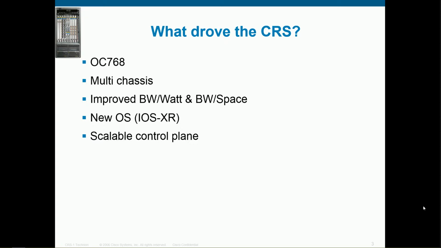So what drove Cisco to do the CRSs? A big part of that was our higher end OC lines. That would be an OC768 or larger. The fact that they were tired of doing a single type chassis, so they needed a multi-chassis unit for additional support. Big thing is bandwidth versus watts, and bandwidth versus space.